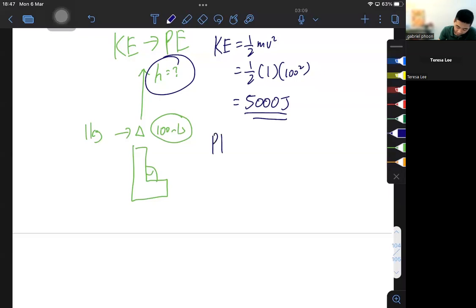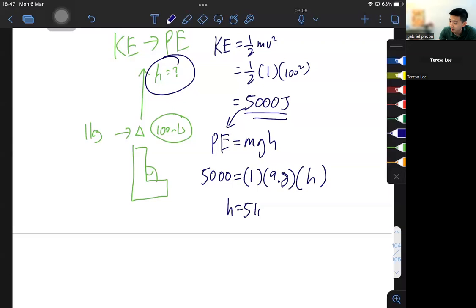Because from here, potential energy is equal to mgh. I'll substitute this here: 5,000 divided by 1 equals 1 multiplied by 9.8 multiplied by h. From here, my h will be 510 meters. This bullet will be able to travel 510 meters.